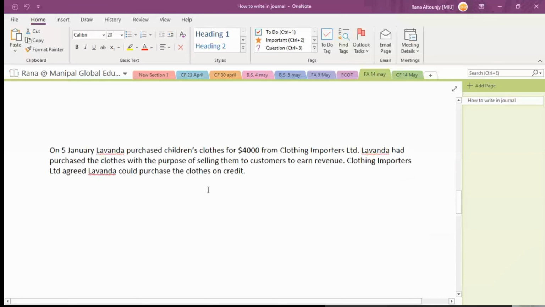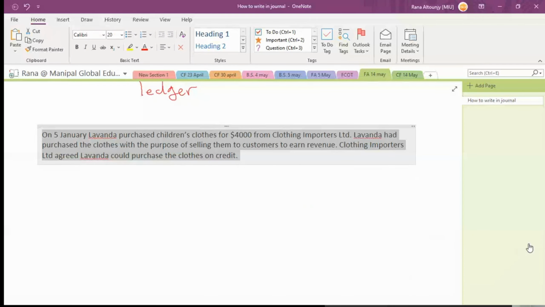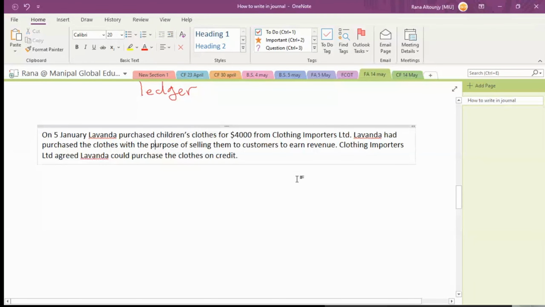Okay. So this transaction, 5th of January, Lavanda purchased children's clothes for 4,000 from clothing importer Lavanda Ltd. And Lavanda has purchased the clothes with the purpose of selling them to customers to earn revenue. Clothing importers agreed Lavanda could purchase the clothes on credit. So Lavanda bought clothes on credit. Okay?